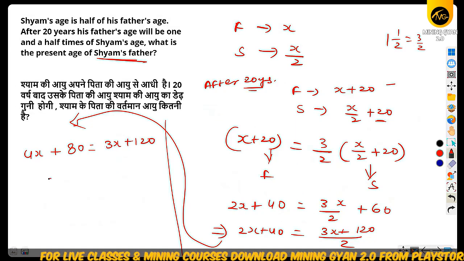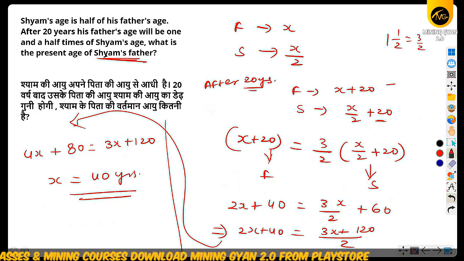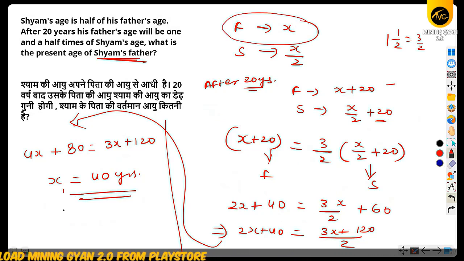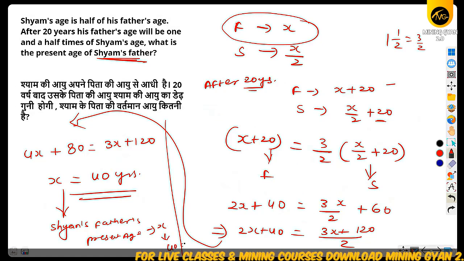So 3x and 4x, that means x is equal to 120 minus 80, that means 40 years. So what is the present age of Syam's father? Basically the present age of Syam's father is x, that is 40 years.